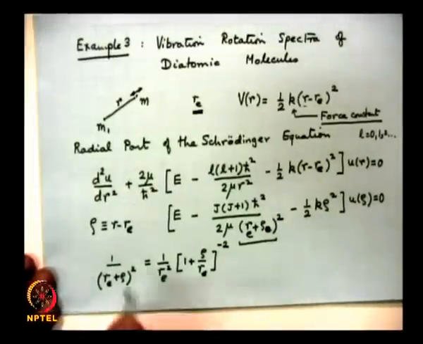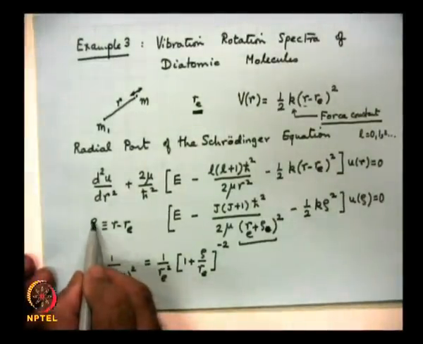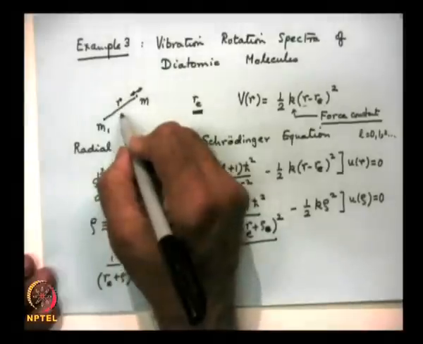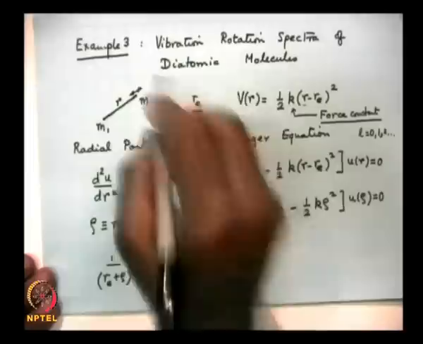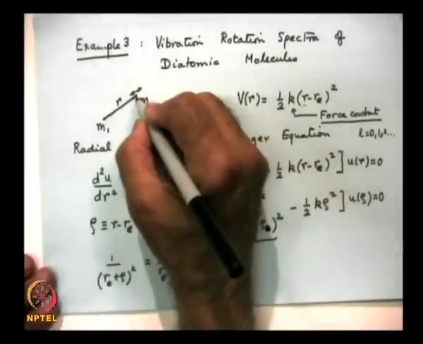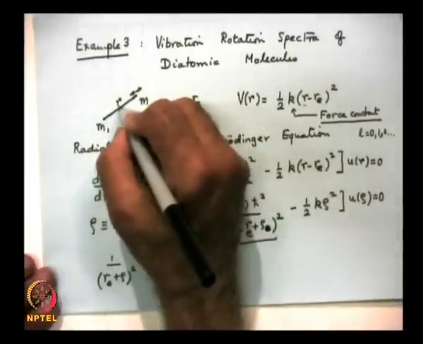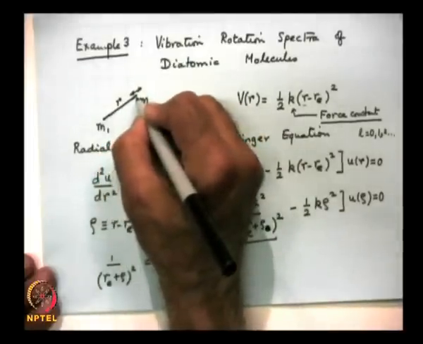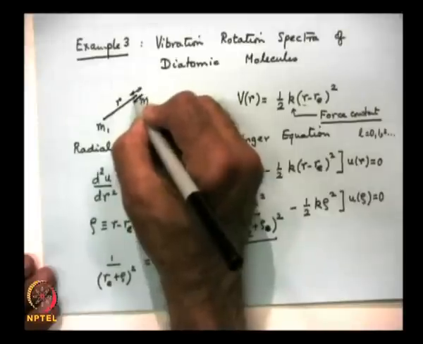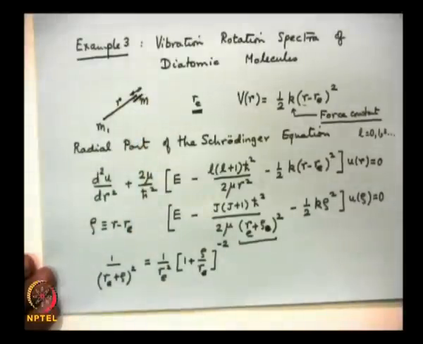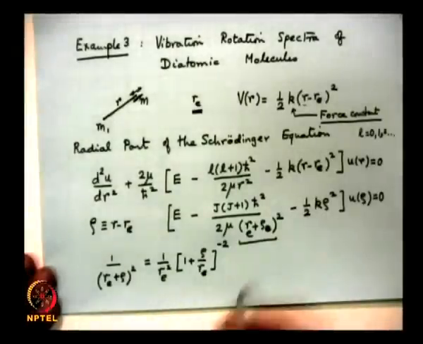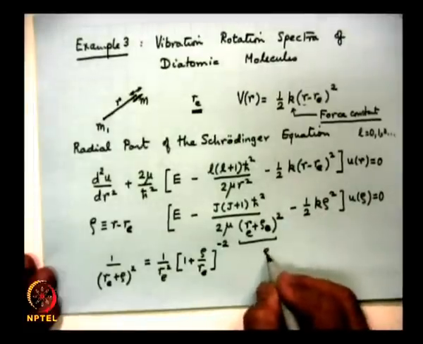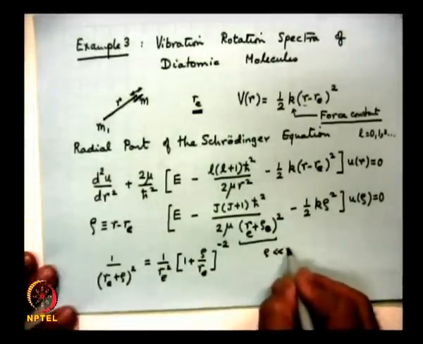Now, please see that Re represents the equilibrium distance, and rho represents the small vibrations around the equilibrium position. Therefore, the quantity rho is much smaller than Re.